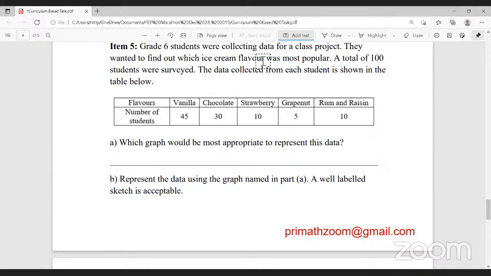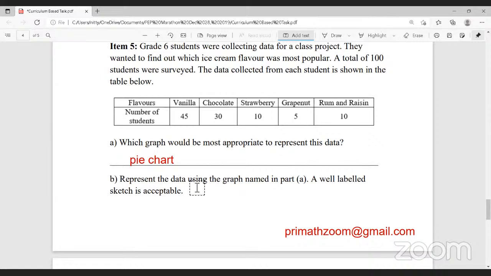So we can see the different sections, the different sizes, or if there are more students choosing this and a very small amount choosing that, we can definitely use a pie chart, and that would show whatever we're doing clearly. And as I said before, the bar graph could work, and the pictograph too, but it says most appropriate, and that would be the pie chart.